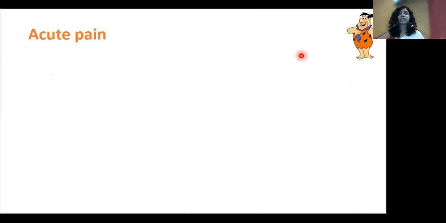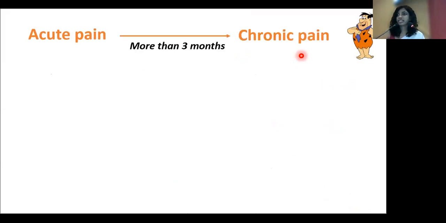we define chronic pain as pain that has persisted for more than 3 months. So we tend to think that acute pain that lasts for more than 3 months is chronic pain.